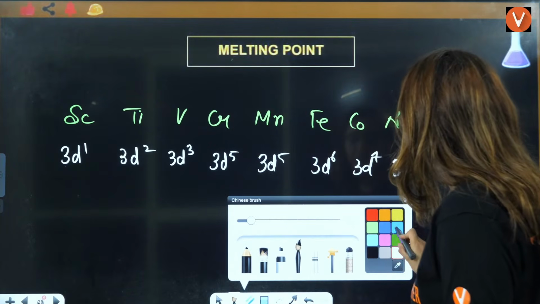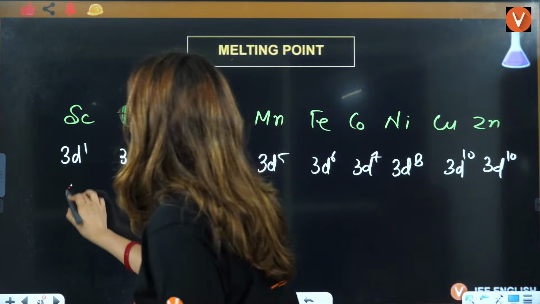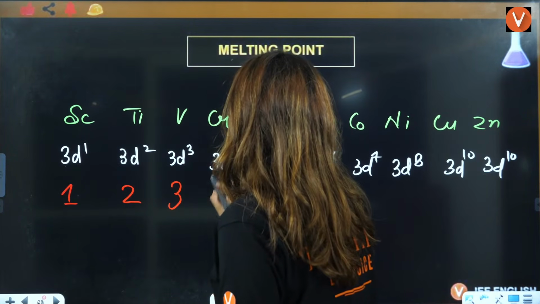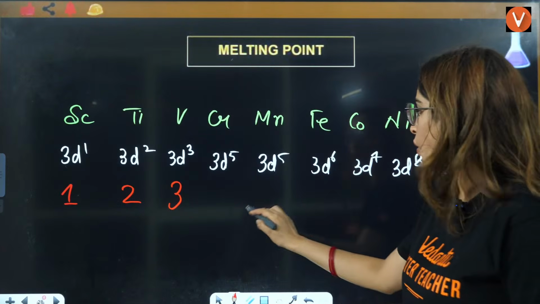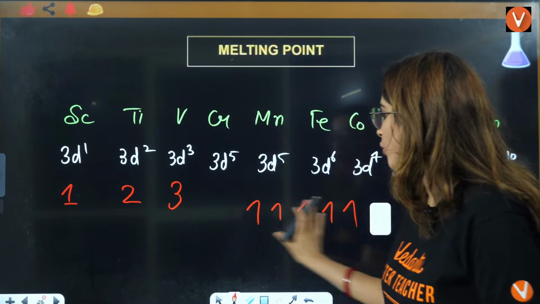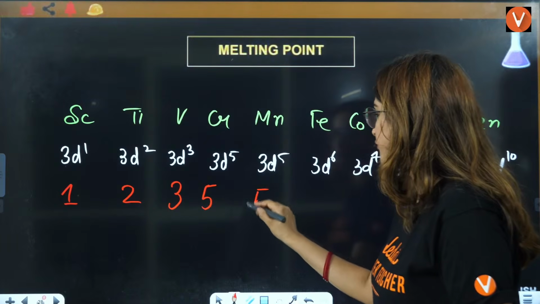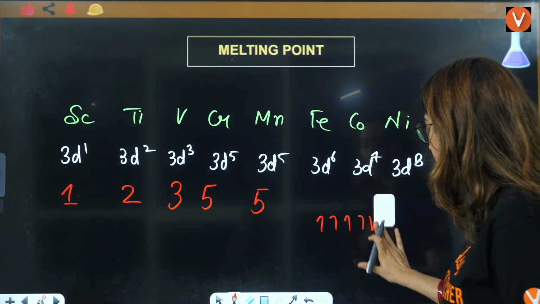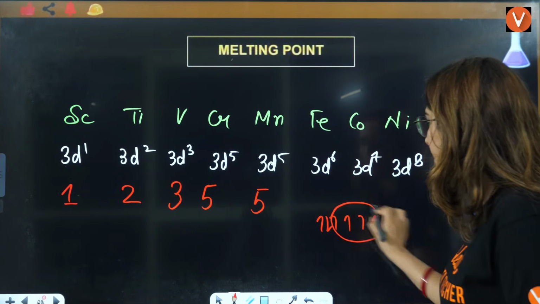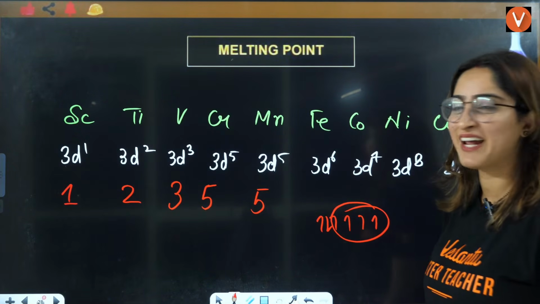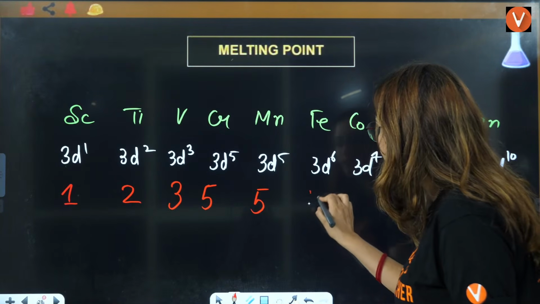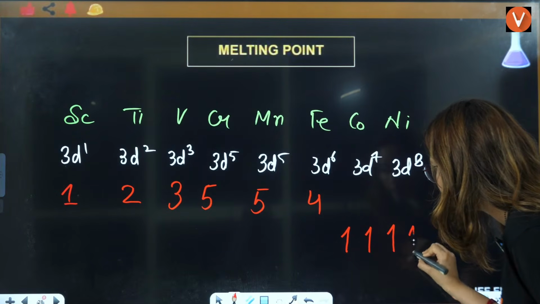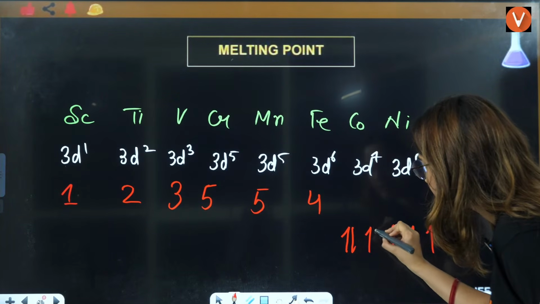Now, can you tell me the number of unpaired electrons here? 1, 2, 3, 4, 5, 5, 5, 5, then 4 unpaired electrons, so we can write it 4. What about 7? 1, 2, 3, 4, 5, 6, 7.